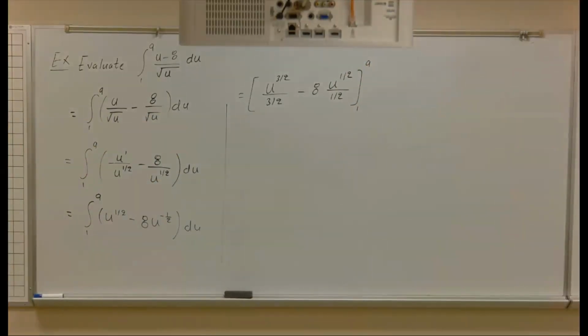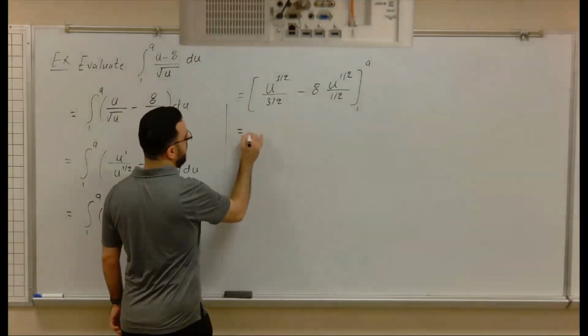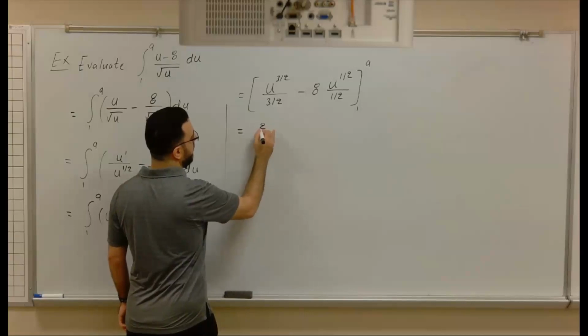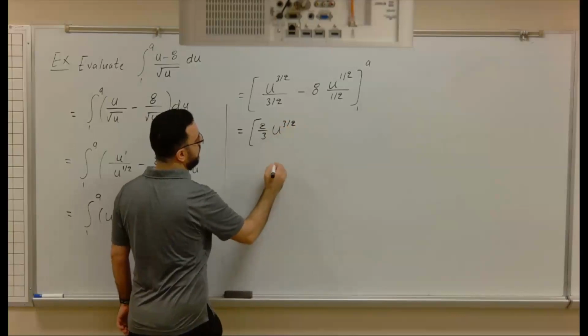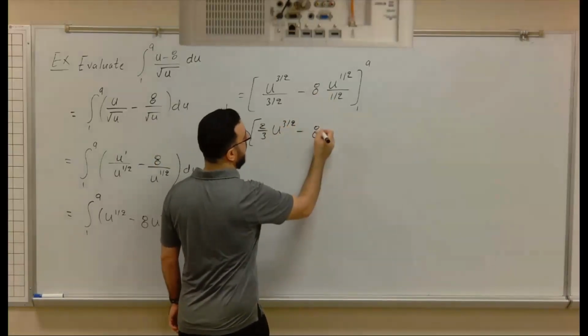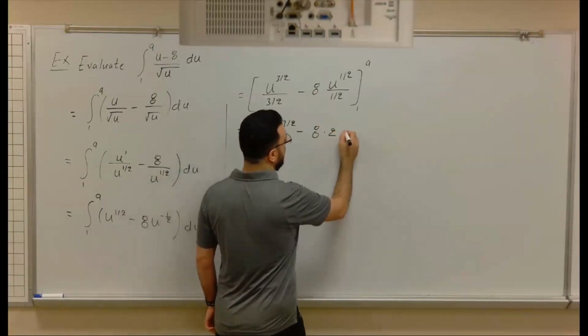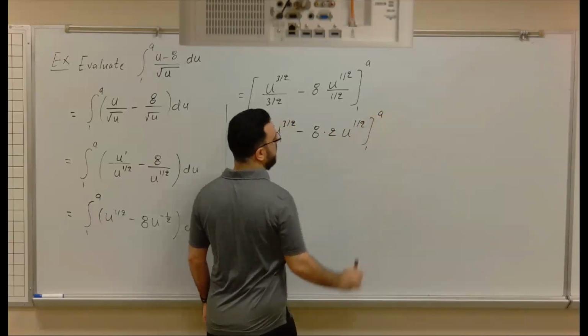Next step, we just have to simplify. I'm going to move this one to the top, so it's going to be 2/3 u to the 3/2, minus 8, move this one to the top, so times 2 u to the half, from 1 to 9.